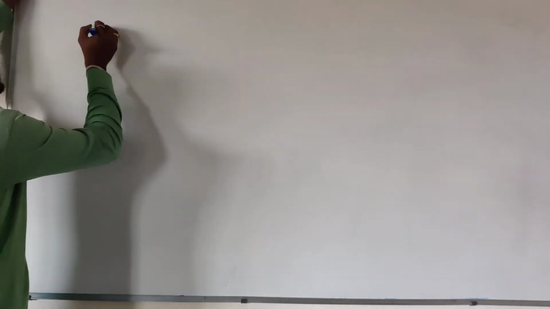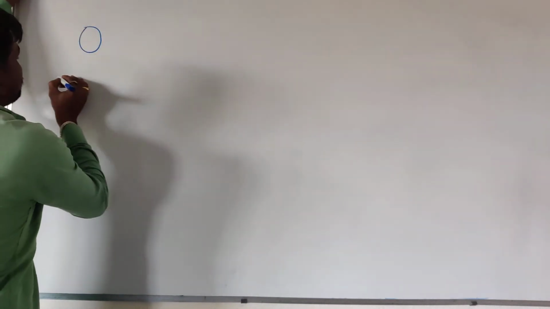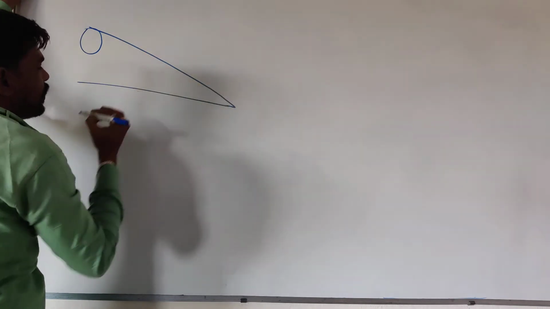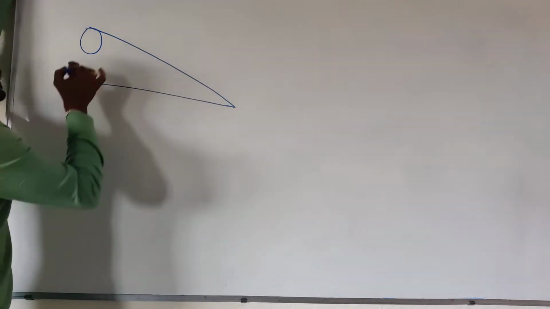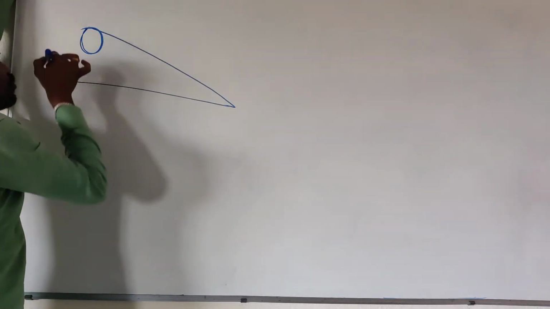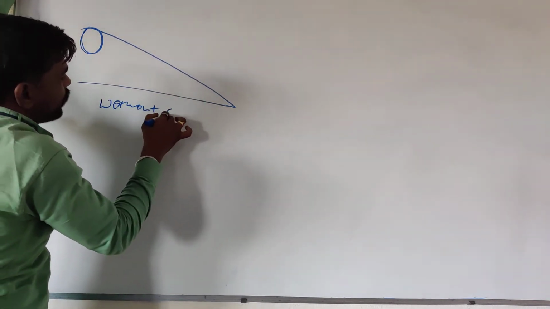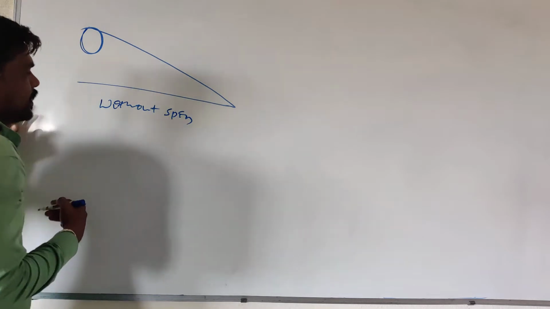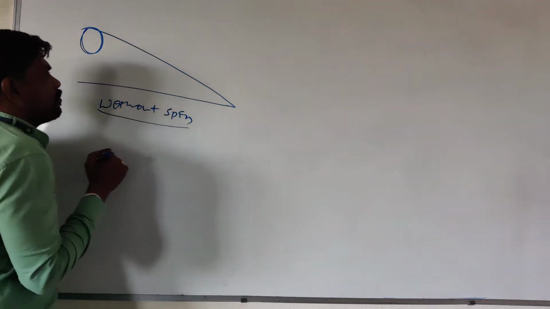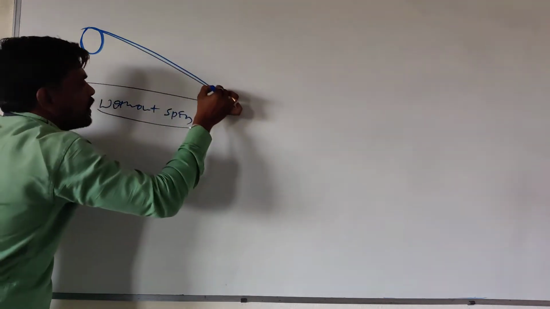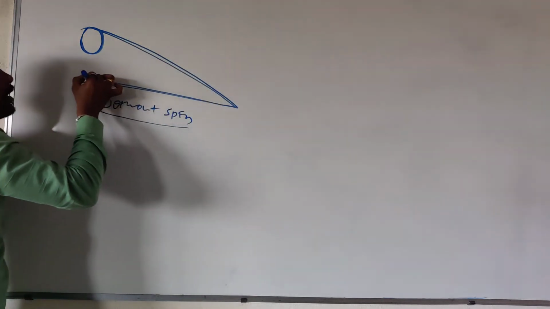Suppose, see, if the ball is thrown like this, without spin, right? So without spin, the ball is what we throw.